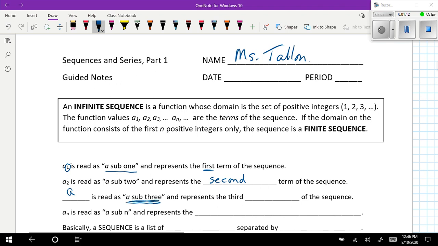This should be a with a little subscript 3, and it represents the third term of the sequence. A sub n is read as a sub n, and represents, and this is kind of weird, the nth term of the sequence.